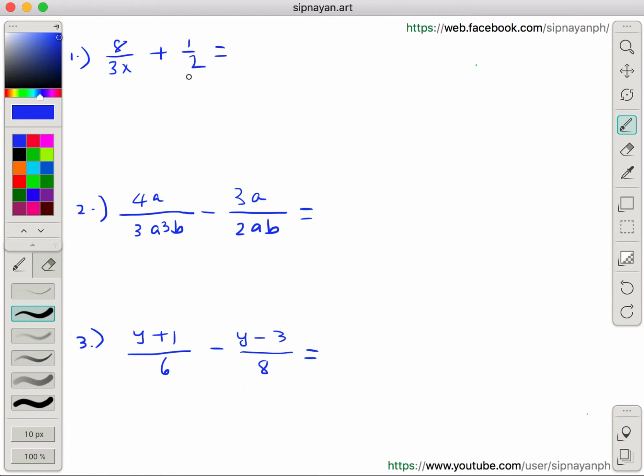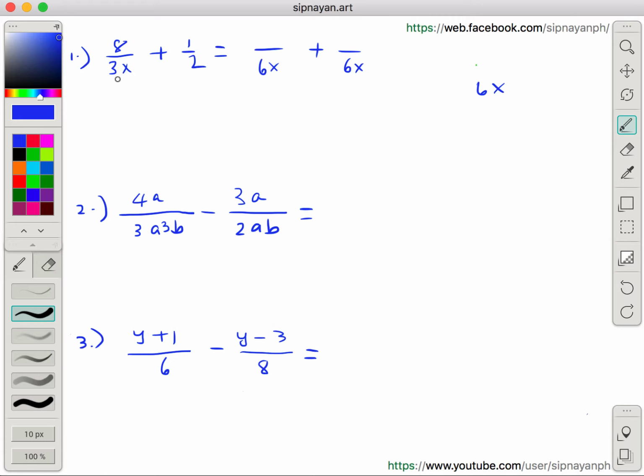Since we don't need that here, for 2 and 3, we get the LCM of 2 and 3, which is 6. The x has nothing to pair with, so we include it in the LCM. Meaning the LCM of 3x and 2 is 6x.